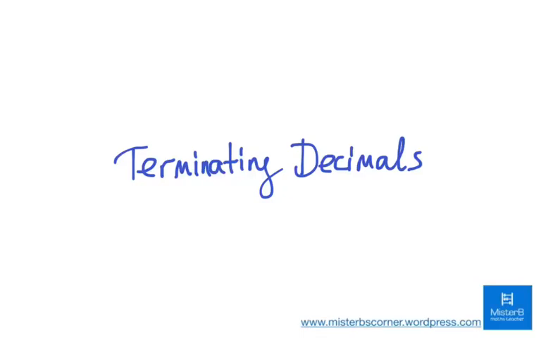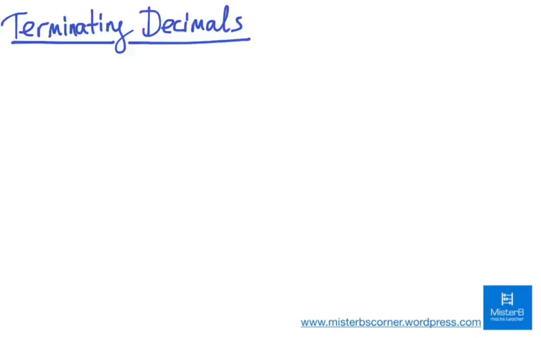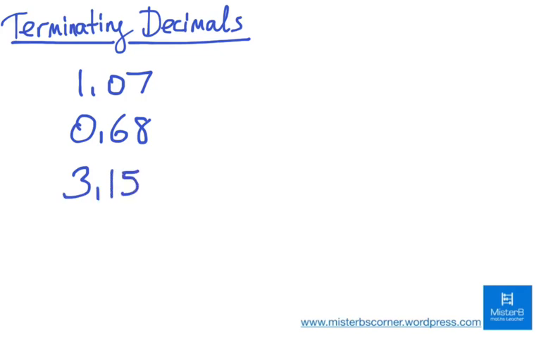In this video we are going to talk about converting terminating decimals to fractions. A terminating decimal is a decimal that we know, for example 1.07 or 0.68 or 3.1578.